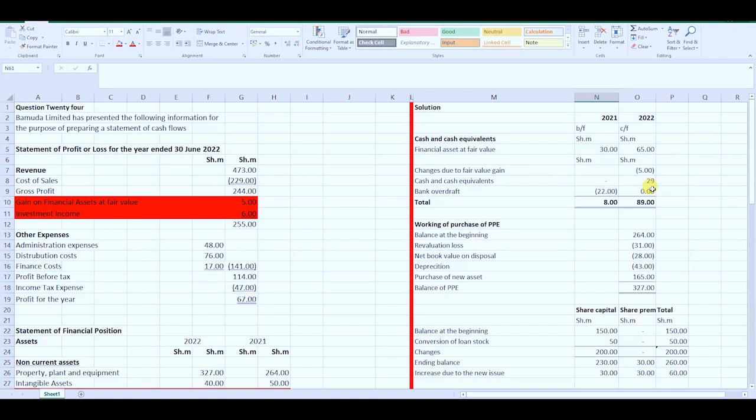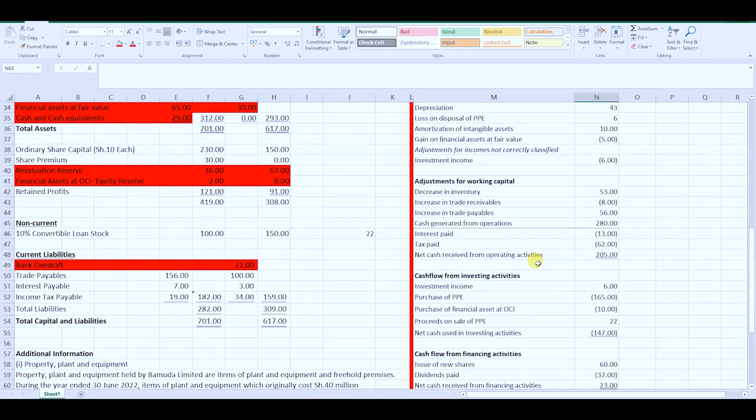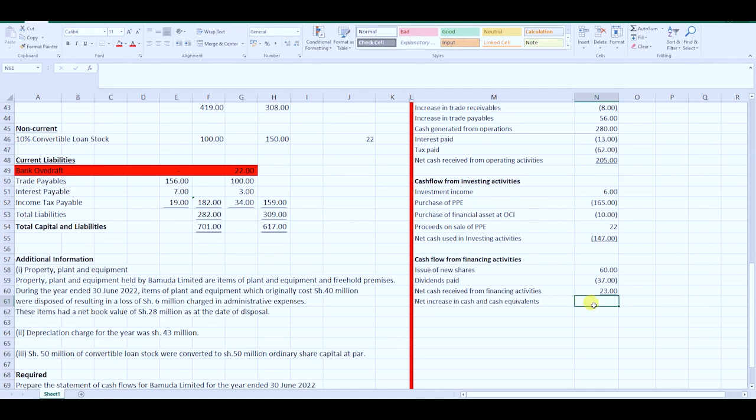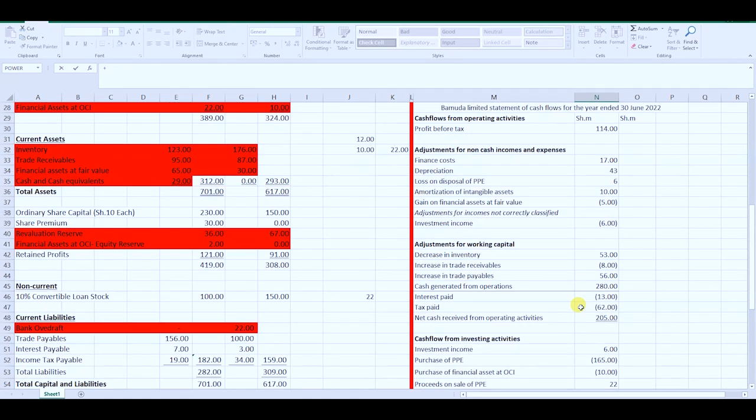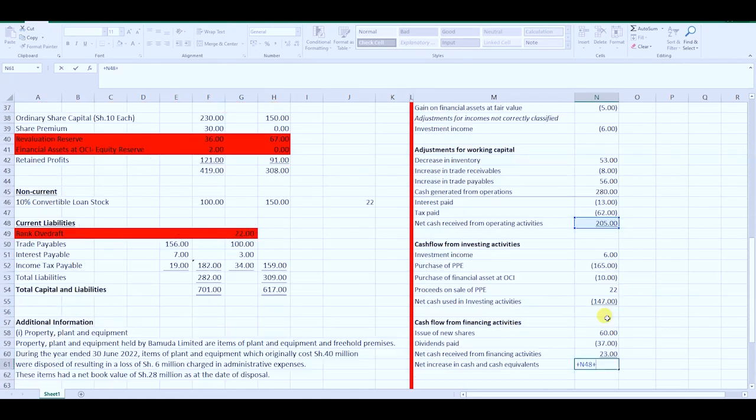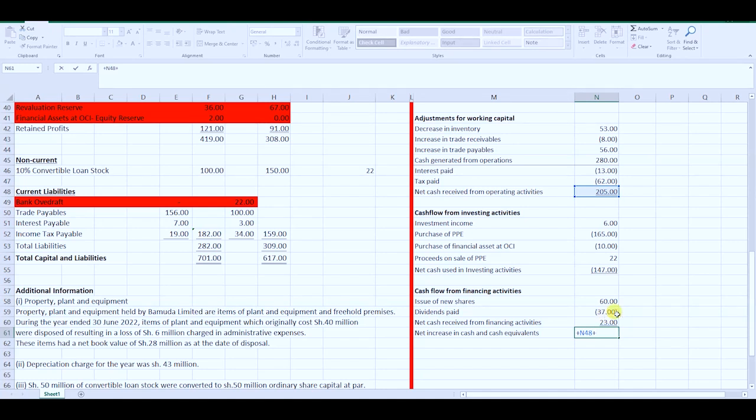We can get it from adding the three components of the cash flow statement. So we add, we get the 205, that one, plus we add the negative 147, then we add the 23.